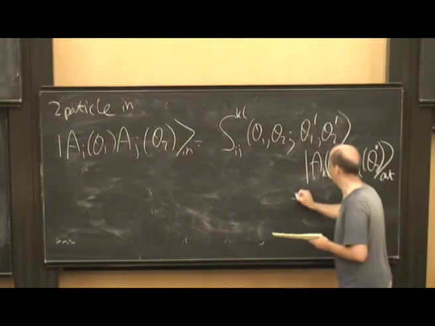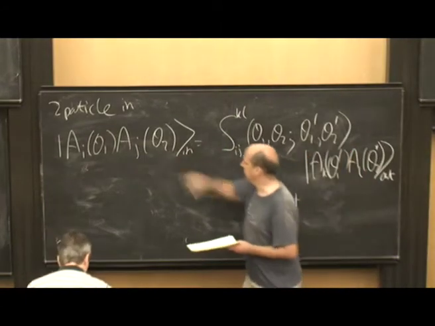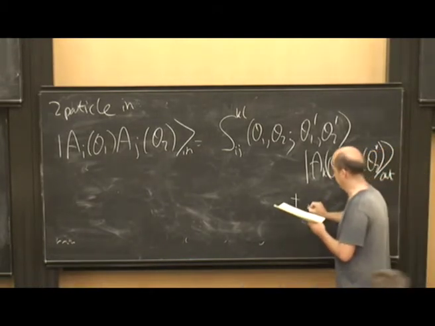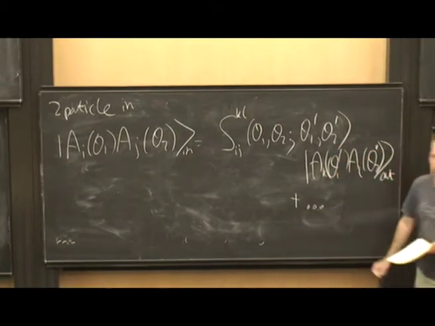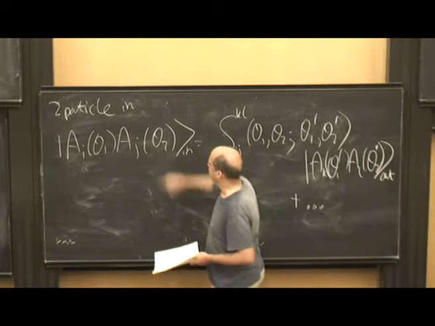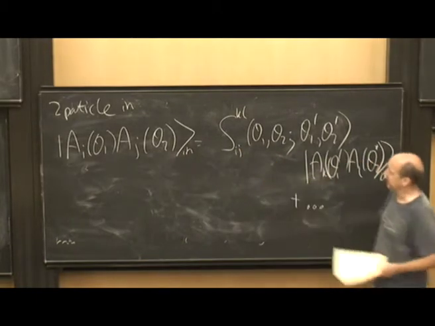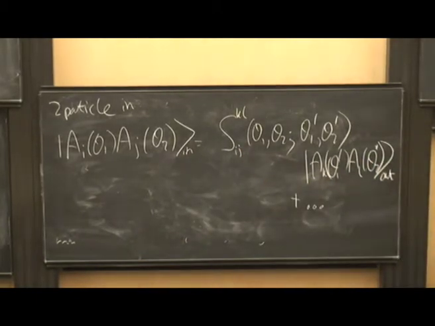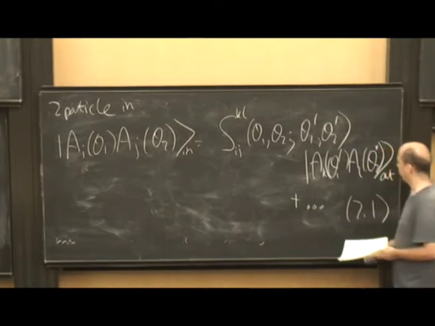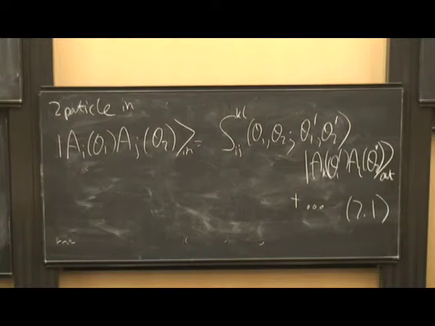But of course, depending on the values of theta 1 and theta 2, you might have enough energy in the bank to create a 3-particle state or a 4-particle state or whatever. Okay, so as theta 1 minus theta 2 gets bigger, so the relative rapidity gets more, you've got more energy left to create stuff, and so you might have further things, 2-particle states, 4-particle states, and all the rest of it.